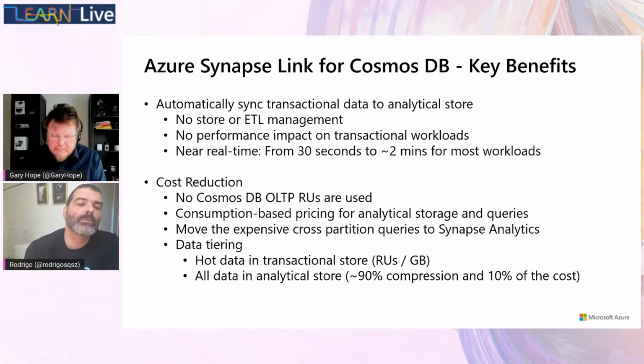Also, I mentioned that we can keep your hot data in transactional store and keep all of your history of data in Analytical Store. That's a key capability for Synapse Link. As an example, today, Cosmos DB will charge you minimum RUs per gigabyte. So if you're only keeping hot data in transactional store, you will need fewer RUs, right? So it's really important. Let's see the next slide.